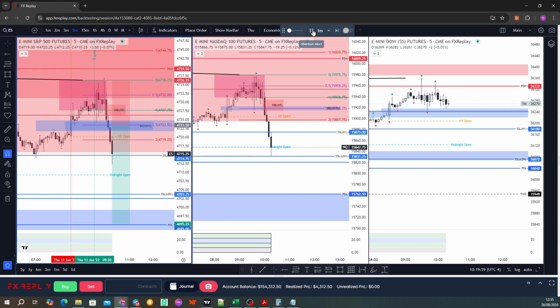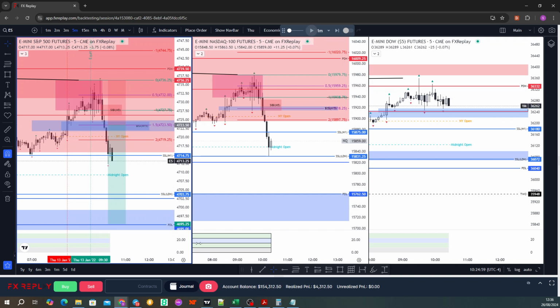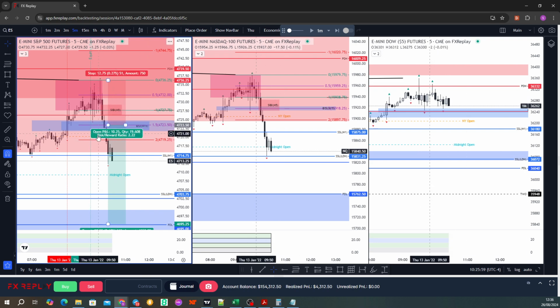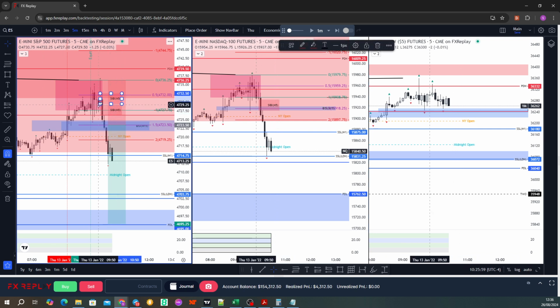We see a retracement. But I suspect there was a fair value gap in here. But as I said, we're not going to chase price down.